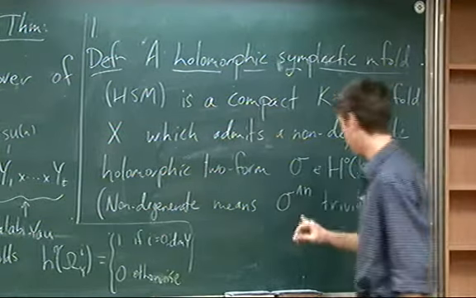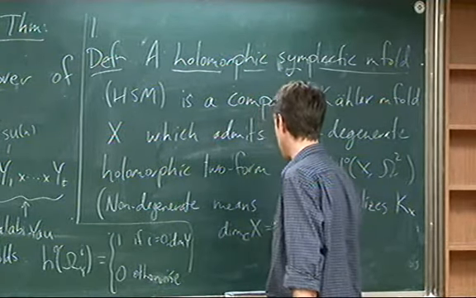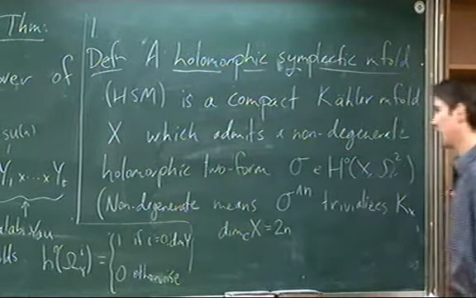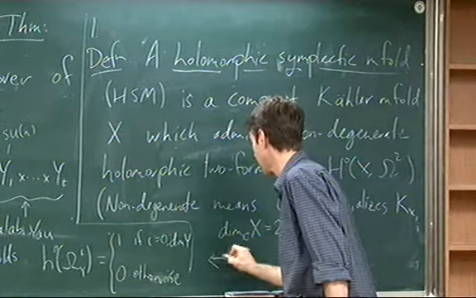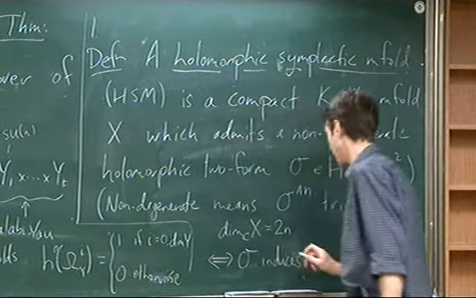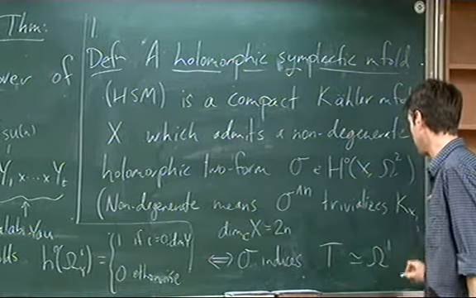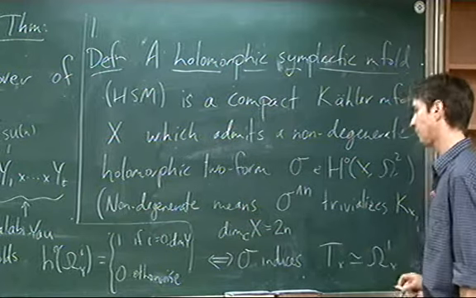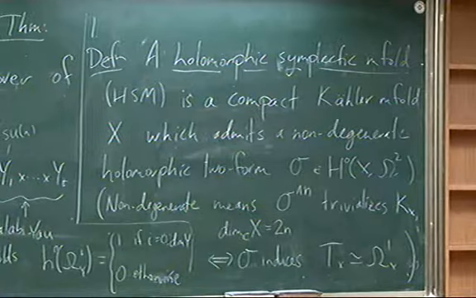Here n is half the dimension, so the complex dimension of X is 2n. Or equivalently, you could say that this induces an isomorphism of the tangent bundle and the cotangent bundle. Okay, so that's non-degeneracy of the form.